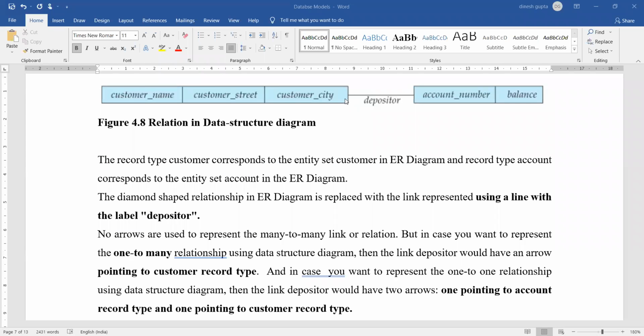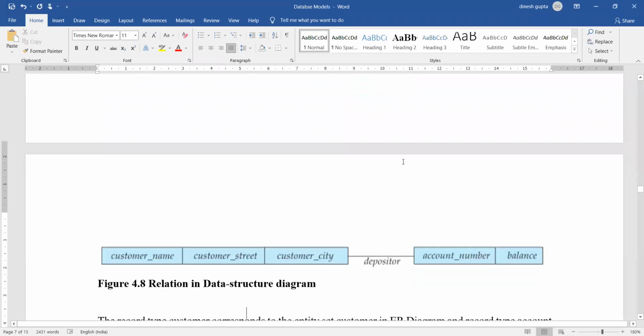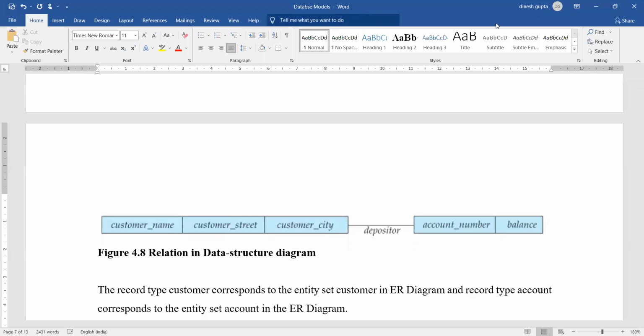So how does a data structure diagram look like? This is an example of the same. So on the left hand side and the right hand side, what you see is two records. Like I said already, the records in the data structure diagram are shown in a single row.